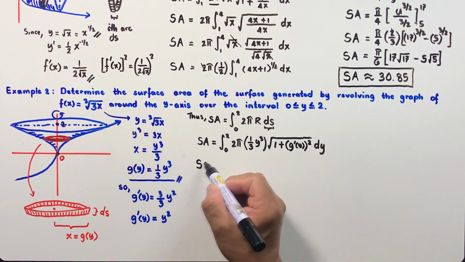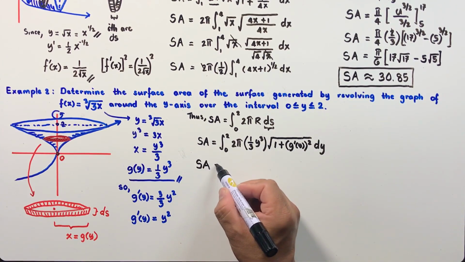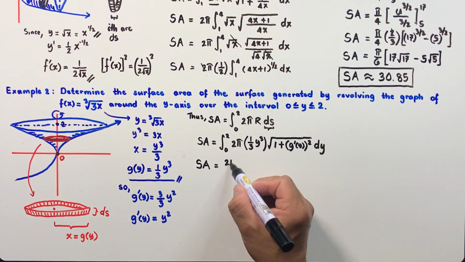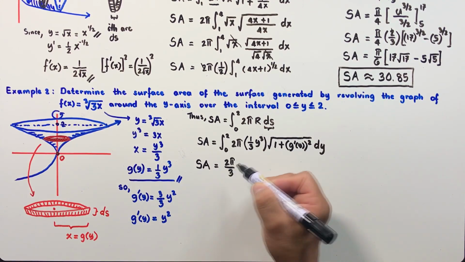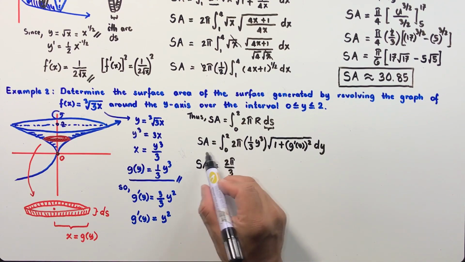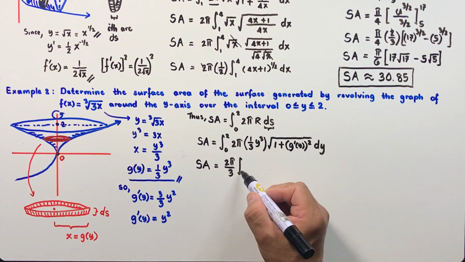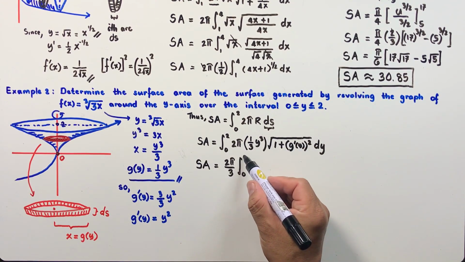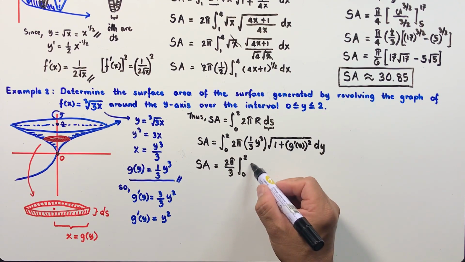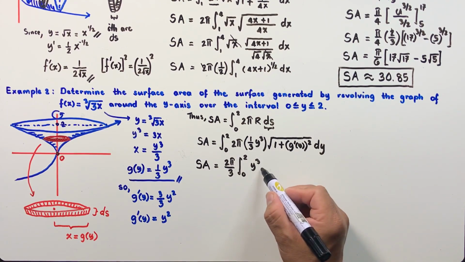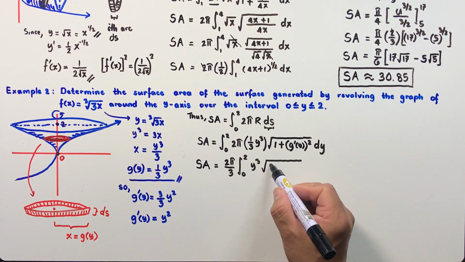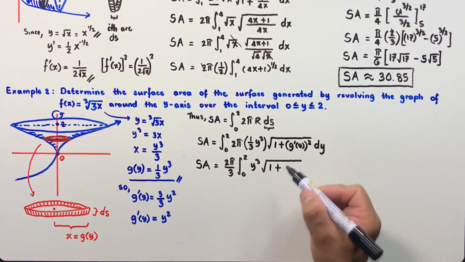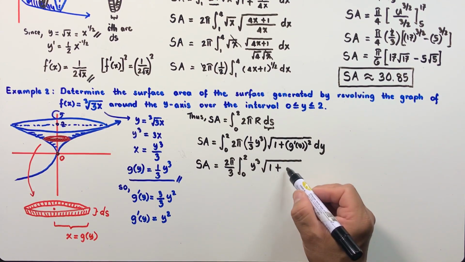So the whole surface area is equal to 2 pi over 3, if you factor out this constant outside the integral. So 2 pi over 3 times the integral from 0 to 2 of y cubed times the square root of 1 plus the square of this derivative.